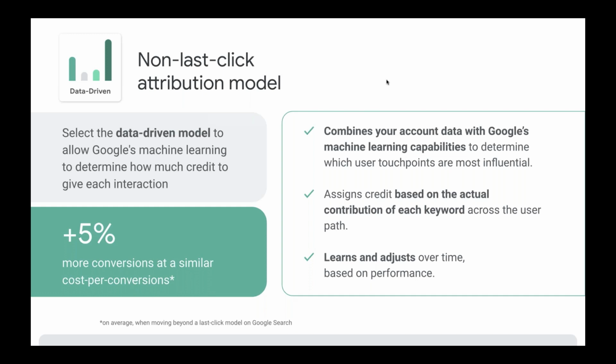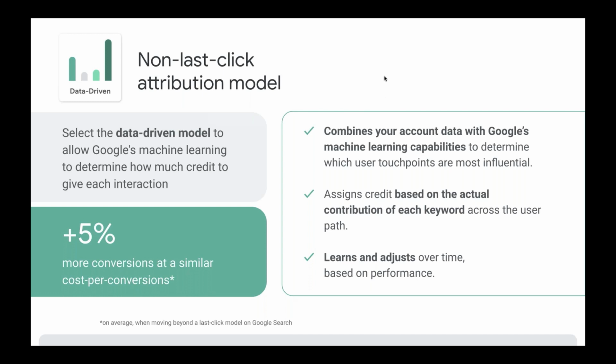The system will assign the proper value, breaking down that one conversion wherever necessary, making sure we adequately evaluate the actual touch point contribution to the overall conversion, right? So the total number of conversions doesn't change, but it does help you be more efficient in your management of your account.